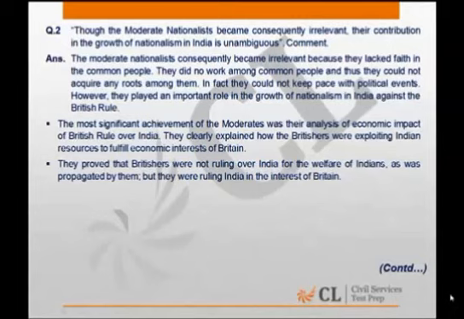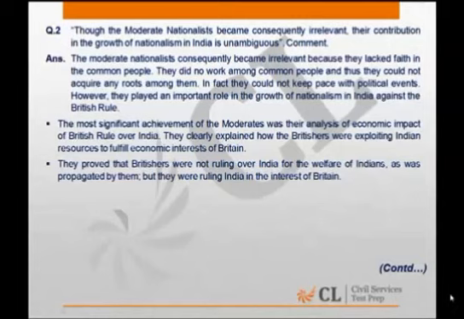Their contribution was quite relevant, without any doubt, because they emphasized liberal Western ideas. They patronized Western education for social reforms and for Indian social development.